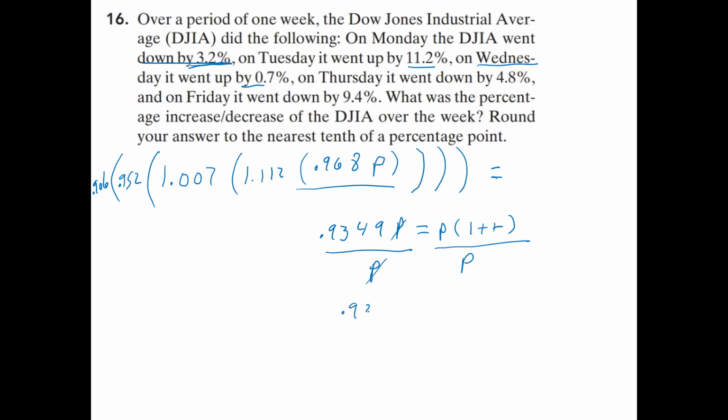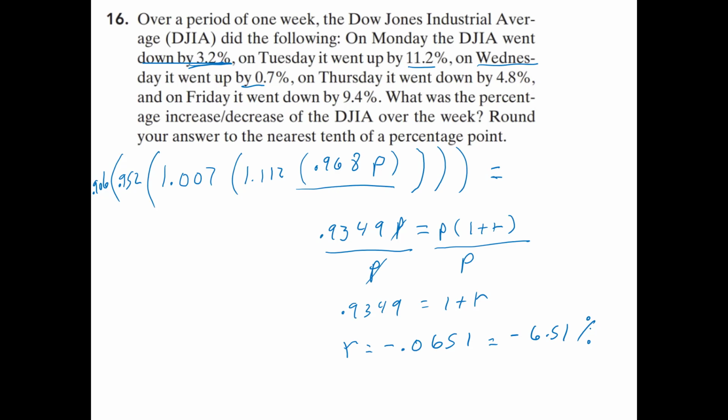And you get 0.9349 equals 1 plus R. If you take your 0.9349 and subtract 1, you get the same answer that we got last time, negative 0.0651, which means it decreased 6.51% over the week. So I just wanted to do that problem again for you using that formula.